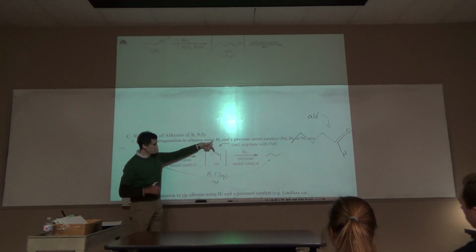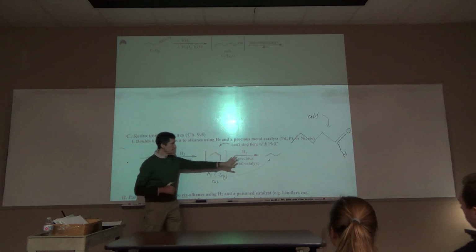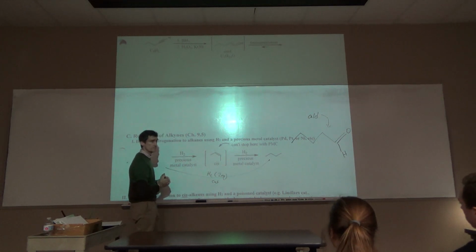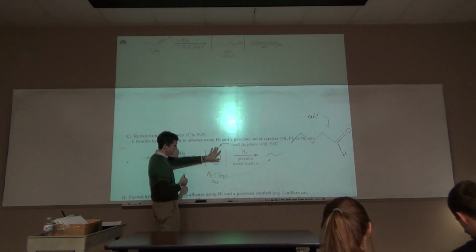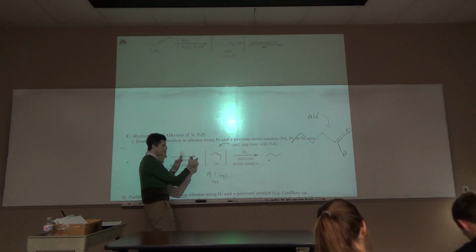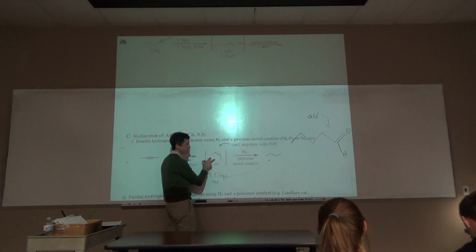It's very difficult to stop here at the alkene stage because these will just keep reacting. They'll react again with your hydrogen. So I put brackets around it, usually not isolated. But we can still show it and understand this is the intermediate, not a mechanism intermediate, but a true intermediate, but it's not isolated.